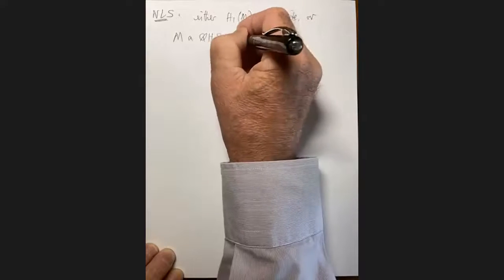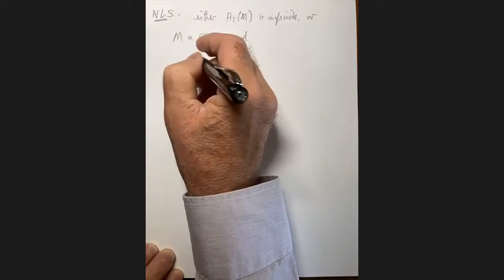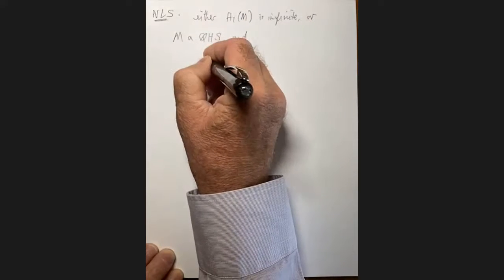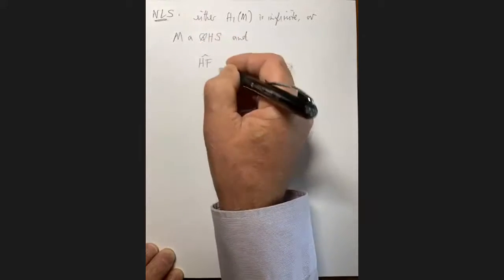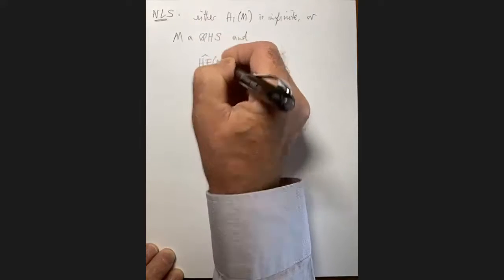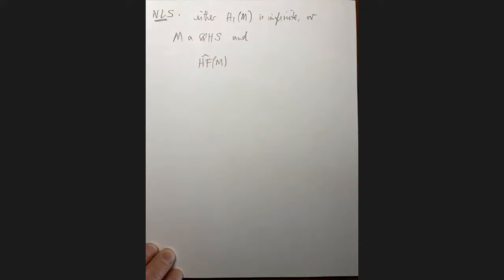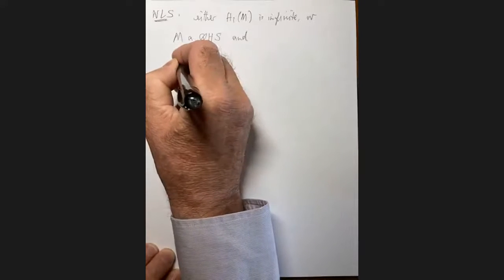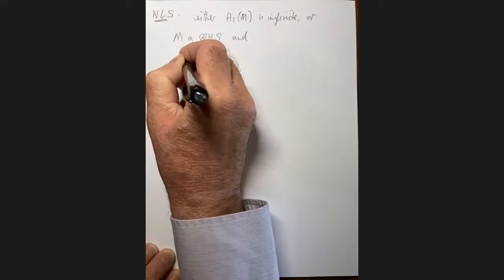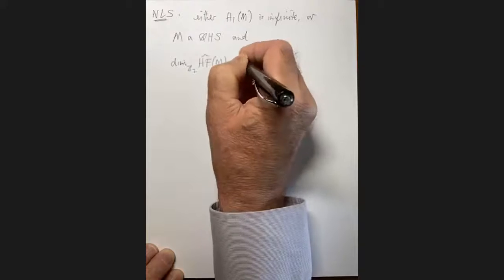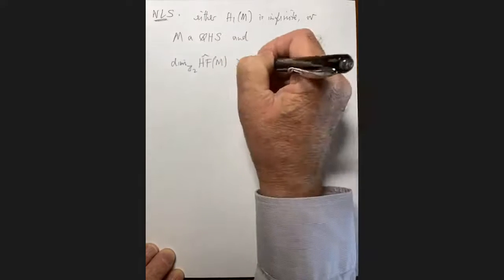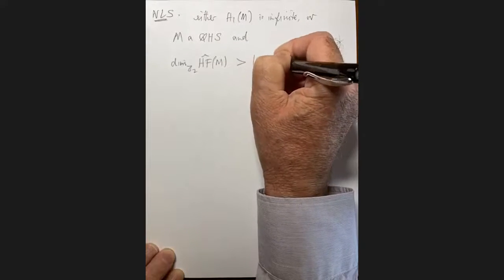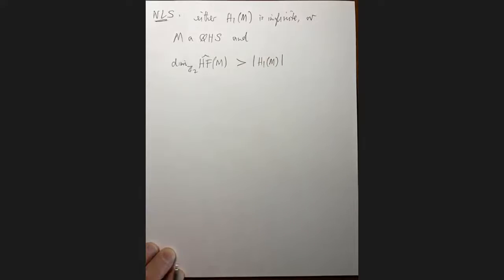In that case, one asks that associated with M, there's the hat Heegaard Floer homology of M with Z2 coefficients. That's just a finite dimensional vector space over Z2, and one wants the dimension of this to be strictly greater than the order of the first homology of M, which will be a finite abelian group.